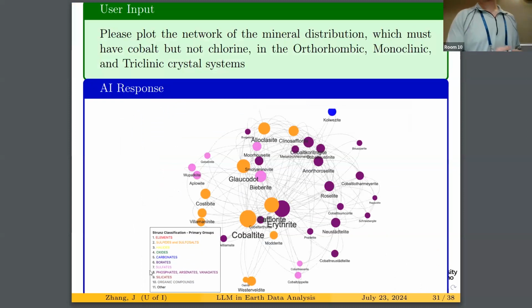And in addition to the histogram, we also make our workflow very flexible to the user request. You can see here is a relatively complex data query from the user, and the demanded task is different to the histogram. We can plot the network. This is interactive. You can see this in the following interaction session.